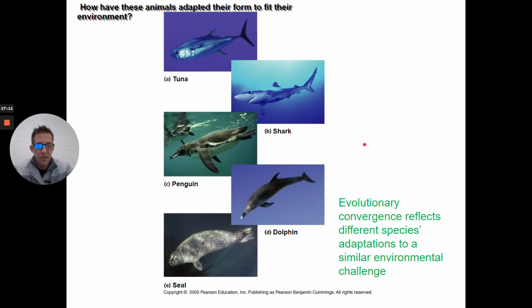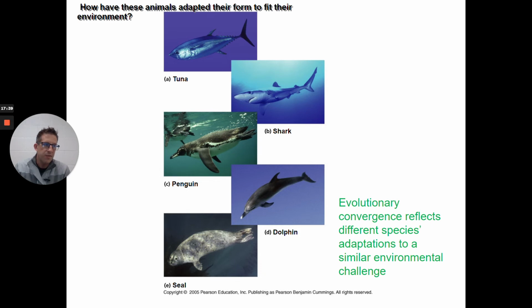And each of these couldn't be more different. They're all three relatively far apart on the evolutionary family tree. They probably don't share a ton of DNA because they are so far apart, but they've all kind of converged on this similar body form. It's fusiform. It looks like a missile. They have very slick coverings, okay? They all kind of have some kind of flipper feature that helps them steer through the water.